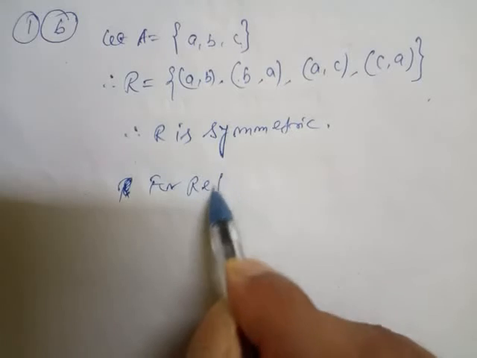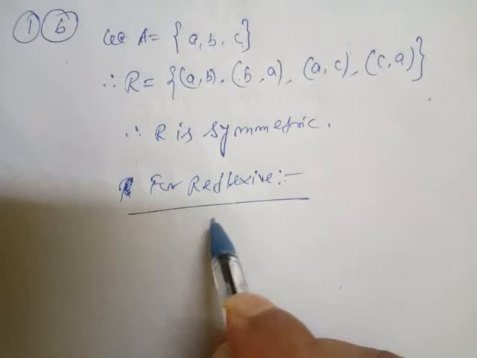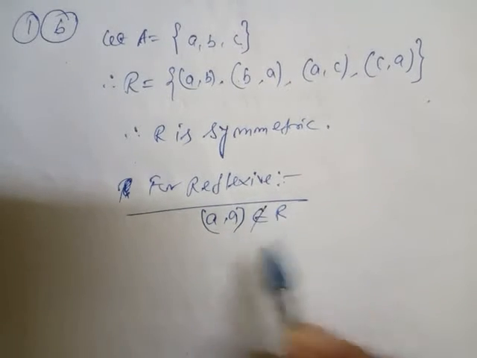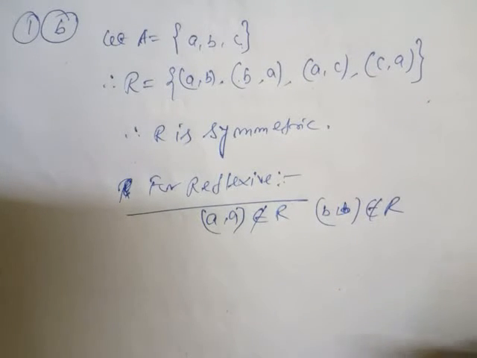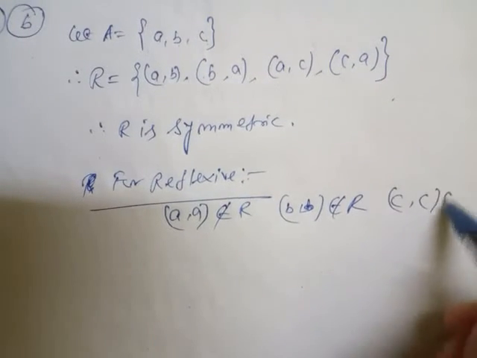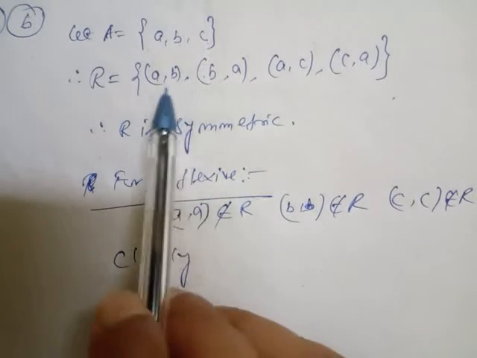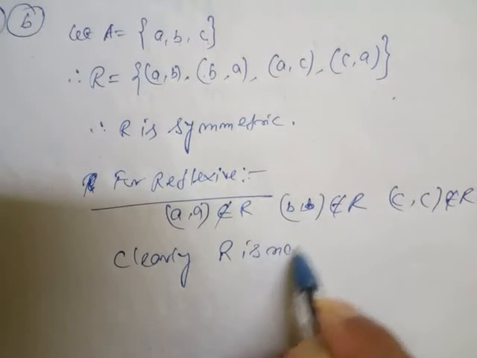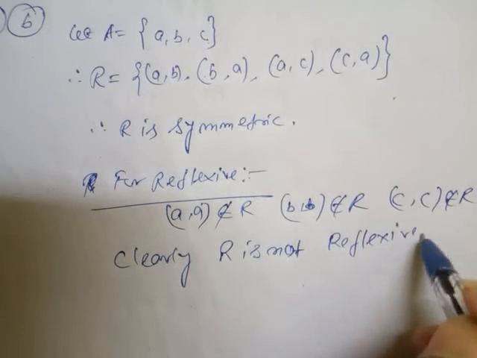For reflexive, look here, (a, a) does not belong to R, then (b, b) does not belong to R, and (c, c) also does not belong to R. So we can say that clearly in the given relation, R is not reflexive.